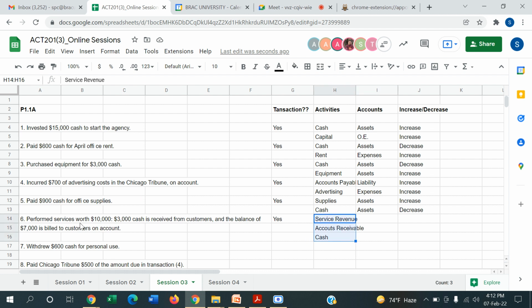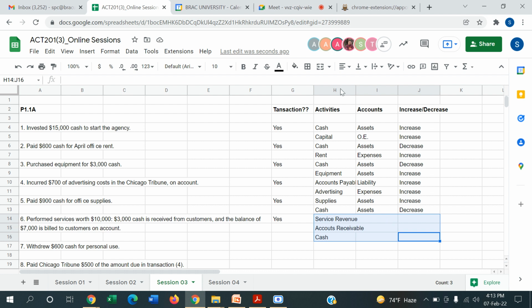to that. Before that, whenever any transaction occurred, there were only two accounts related to it. If you can remember, in our last session we mentioned that when any transaction occurs, at least two accounts will be affected. More than two accounts can be affected as well. From these examples, we can see that in this transaction three accounts have been affected.